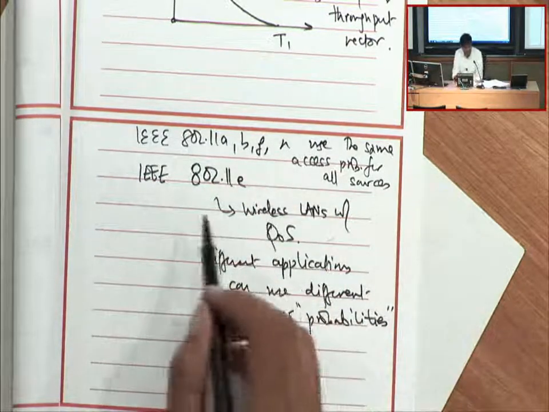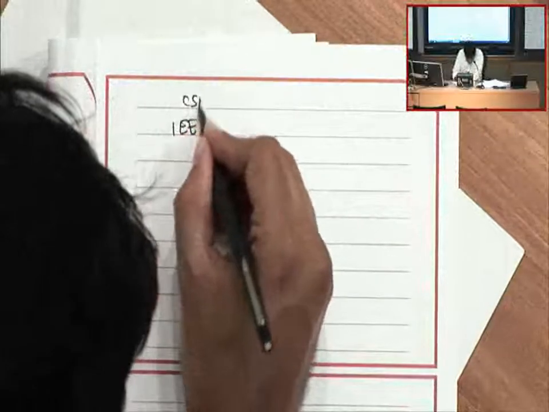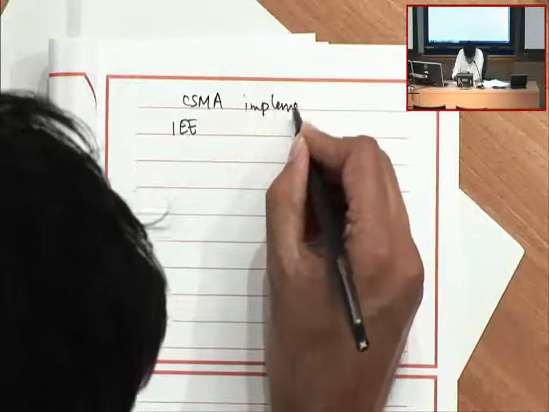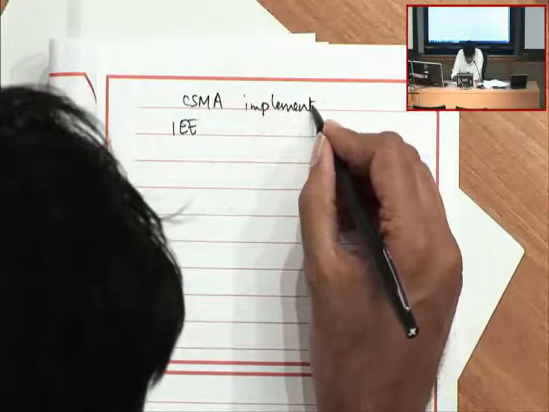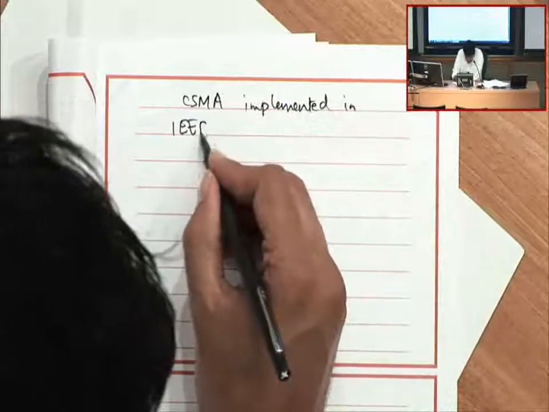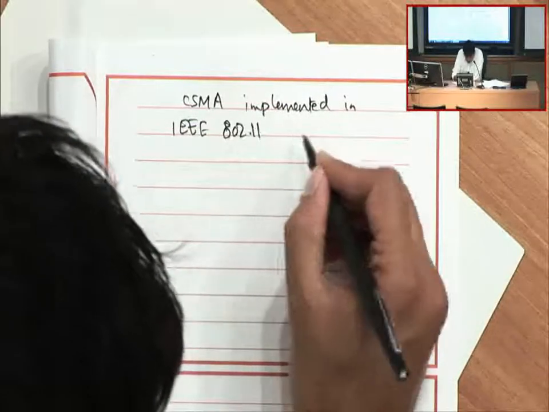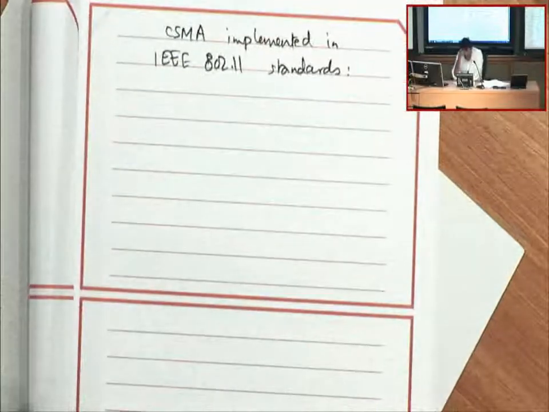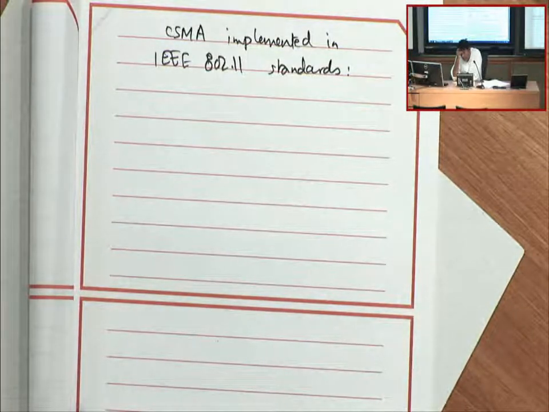The difference between PCSMA and how it's implemented in the IEEE 802.11 standards is that there are two basic differences.